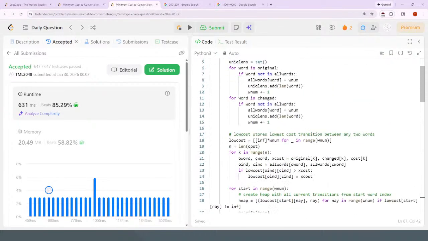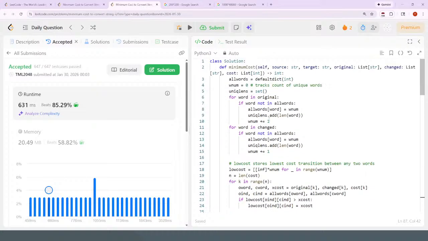So first idea was creating kind of a transition matrix, just the initialization of it. So I have an all words dictionary, so I can map the word to an index. I have a word num tracker. I have a length tracker, which will be useful later.